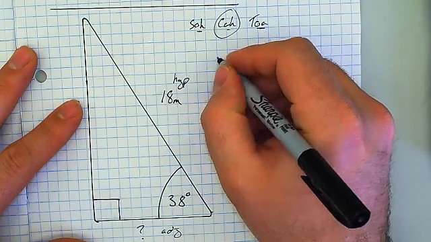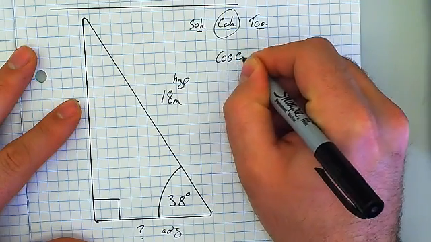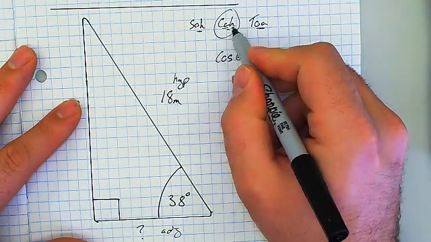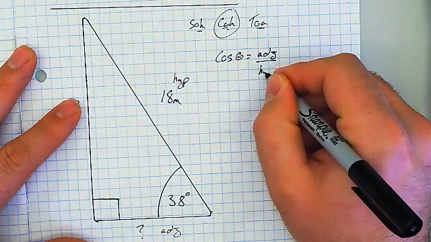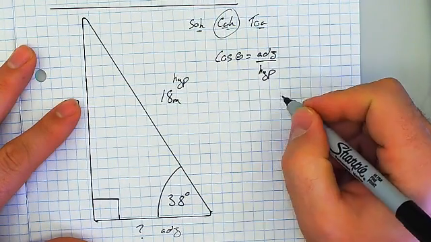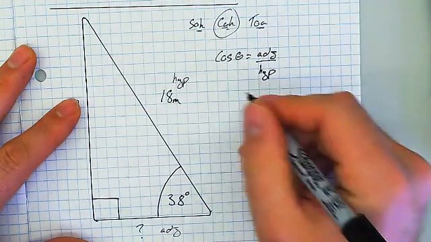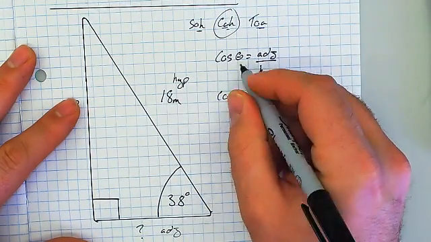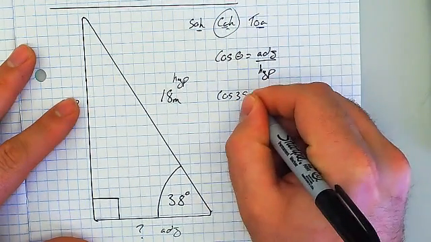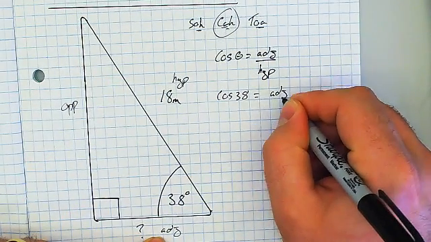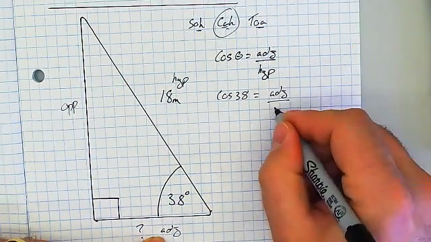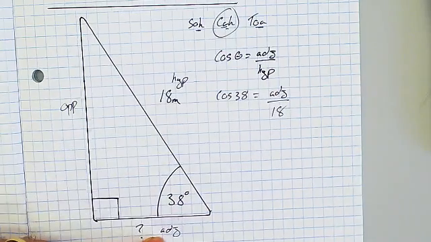Once we picked the right formula, we fill it out. Cos theta equals a over h, so the adjacent divided by the hypotenuse. We then fill in our formula. Cos of our angle, which is 38, equals the adjacent, which we do not know, divided by the hypotenuse, which is 18.